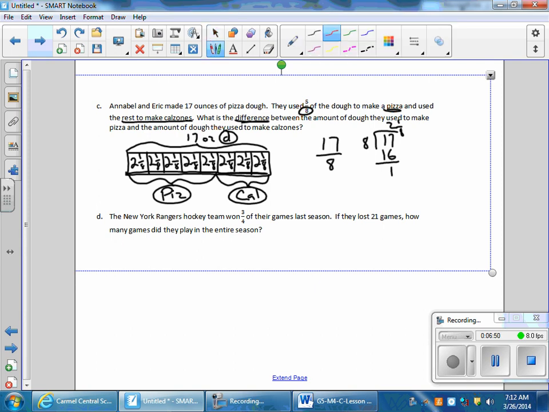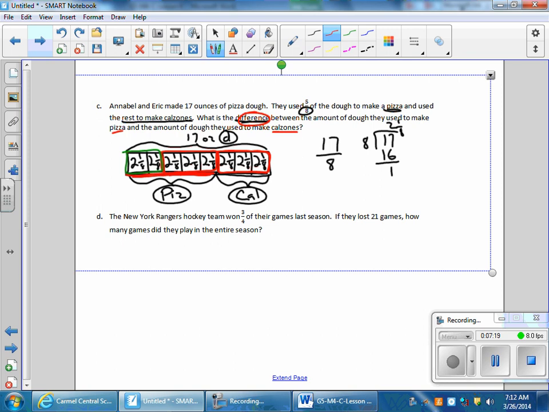Now, what is the difference between the amount of dough they used to make pizza and the amount of dough they used to make calzones? Well, they used this to make the calzones. They used this and this to make the pizza.